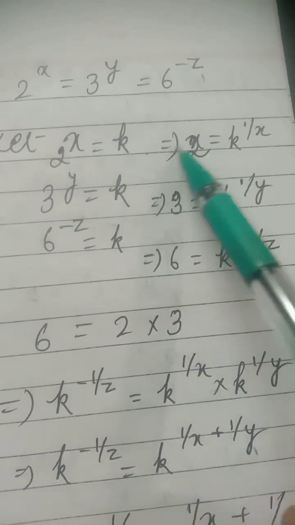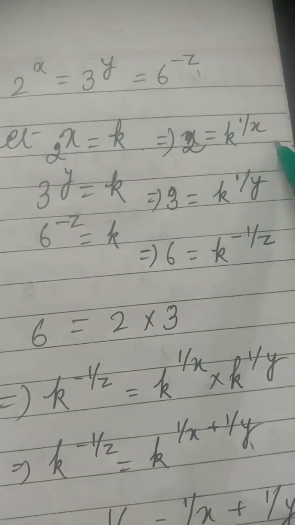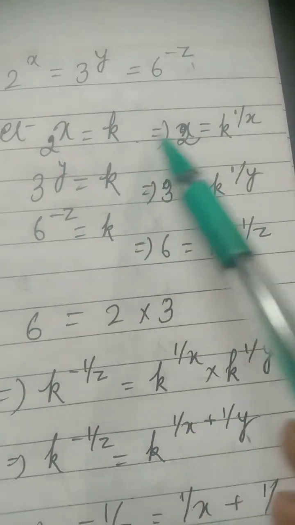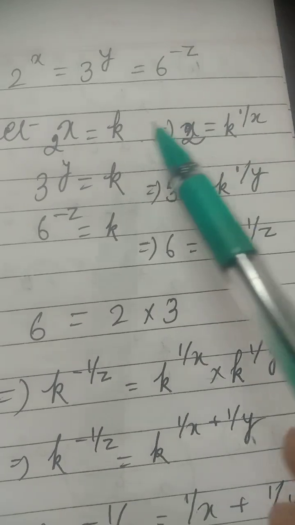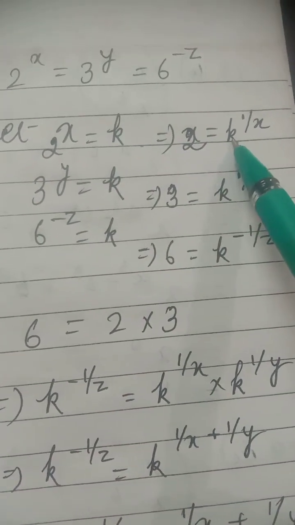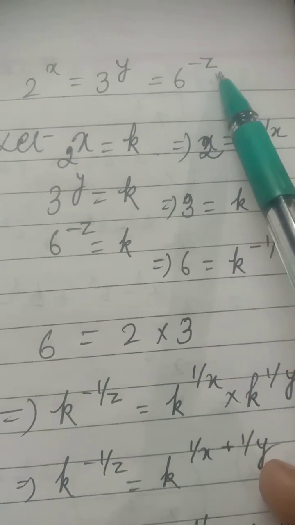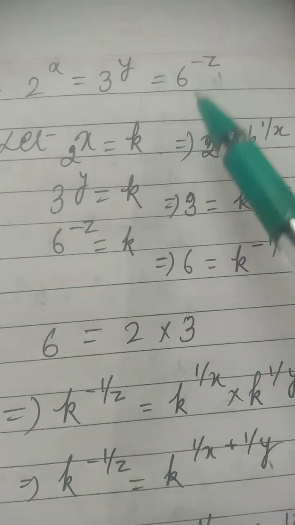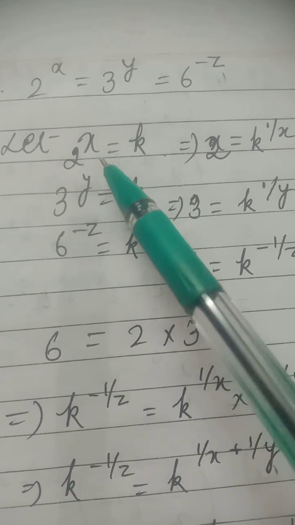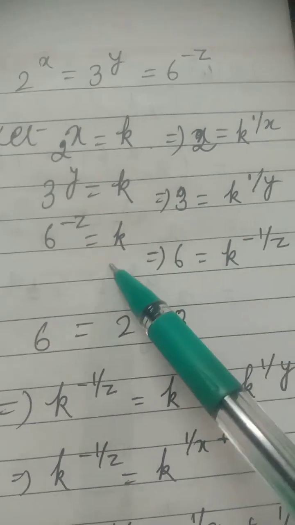Whenever this x comes to this side, it will become 1 by x, as it changes its side. So we will write 2 equals k to the power 1 by x. Similarly, 3 to the power y will also equal k, because all the terms are equal. So 2 to the power x, 3 to the power y and 6 to the power minus z all equal k.